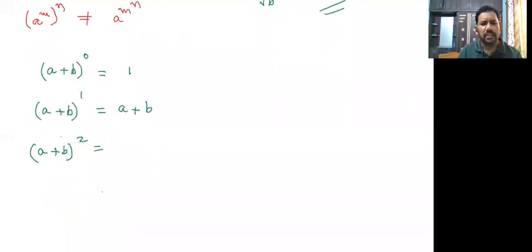Now here see that a plus b whole square we can write as a square plus 2ab plus b square.